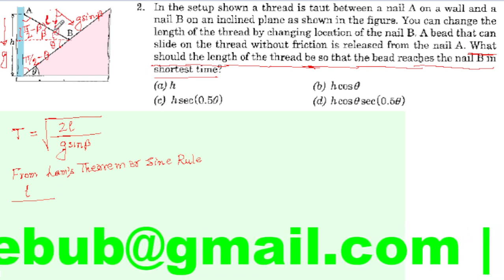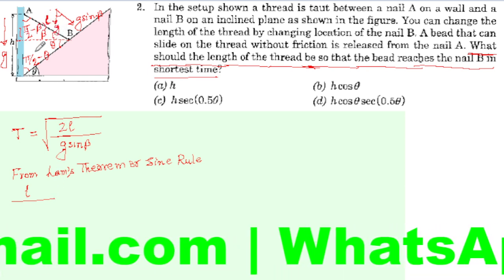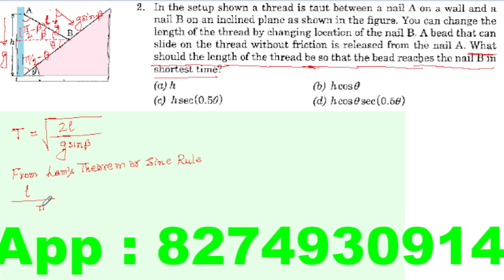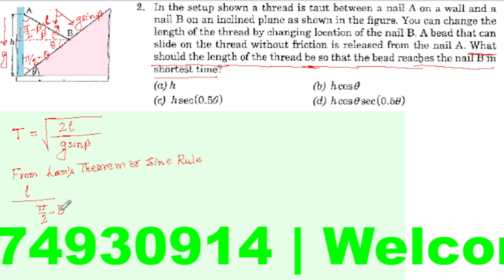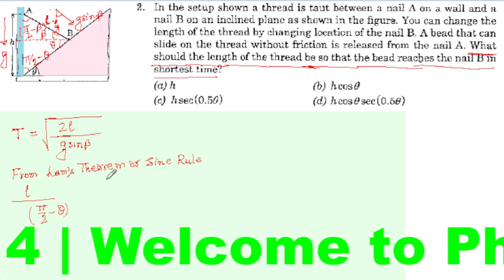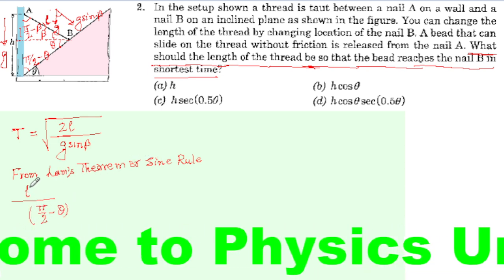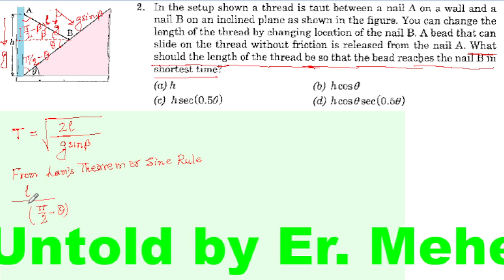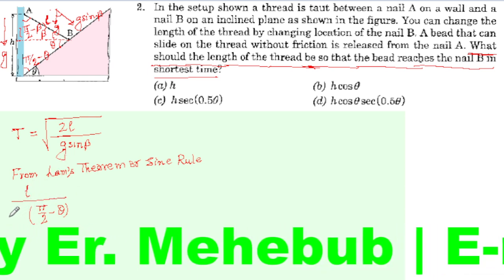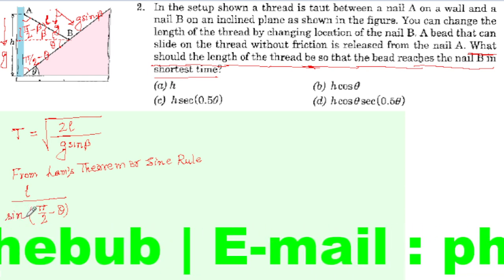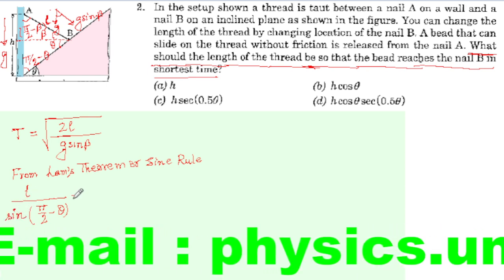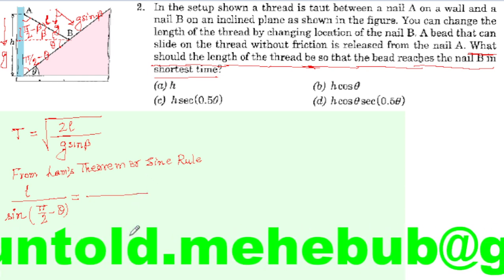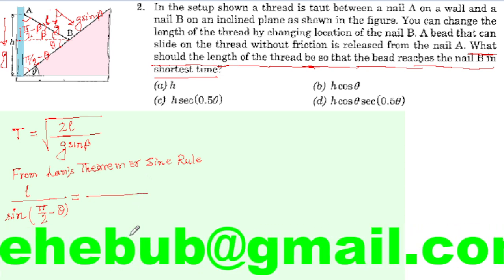From this diagram, the opposite angle of L is pi by 2 minus theta. So the ratio is L divided by sine of pi by 2 minus theta, which must be equal to any other side divided by the sine of its opposite angle.